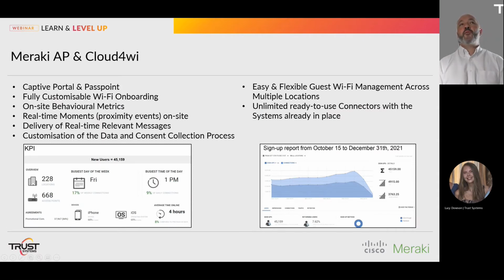So we've talked there through the basic network from a Meraki access point perspective. We've talked about some of the location analytics and heat maps that are provided out of the box from a Meraki perspective.